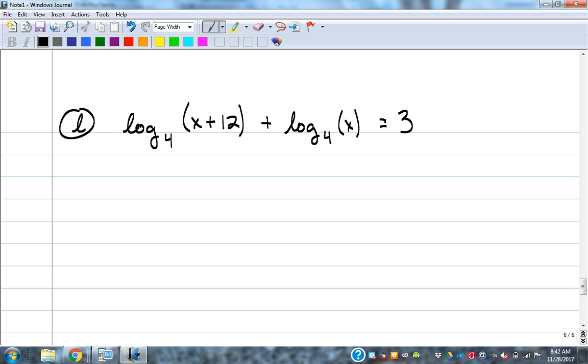Can we condense the side that has the logs? What's it become? Go ahead and multiply it if you want to. x squared plus 12x. Save you a step later on because you're going to have to do that at some point anyway. Now what?